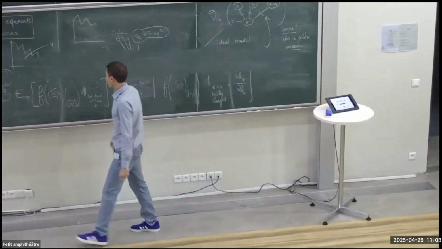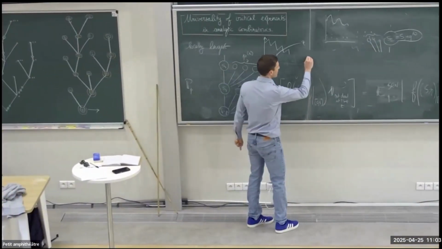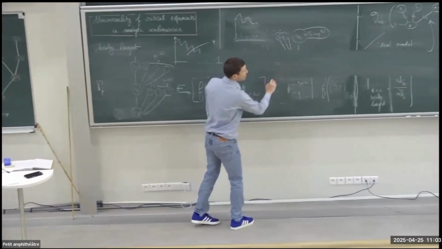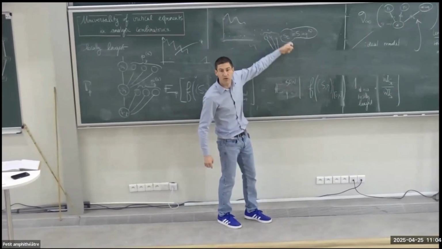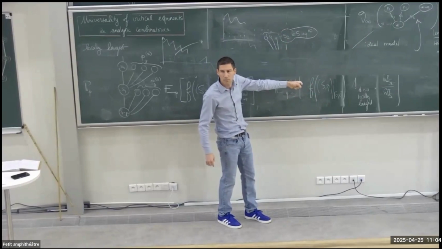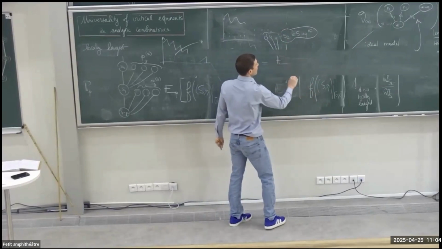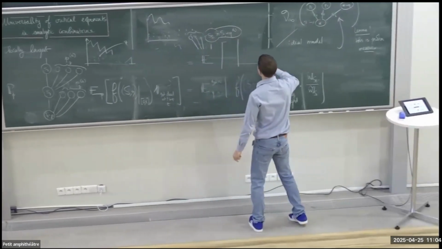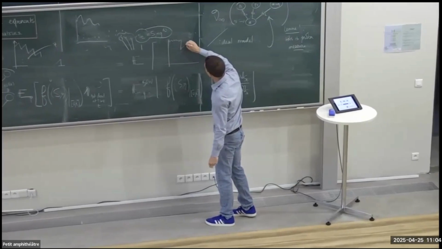31. Once you have the key formula, you take f equal to 1, you get 1, and you pass this guy to the limit. Because this process is just more or less a random walk, when you pass it to the limit you have a random walk, and you have the jumps of this random walk.